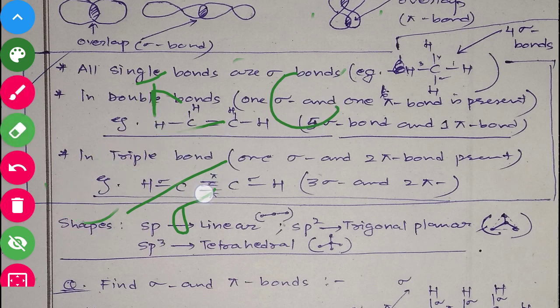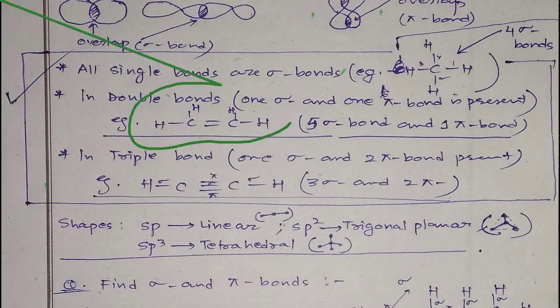So here you see I have written the ethene molecule, right? Just see this carbon: it is connected to the other carbon, a hydrogen and a hydrogen. So there are two single bonds, which means two sigma bonds.